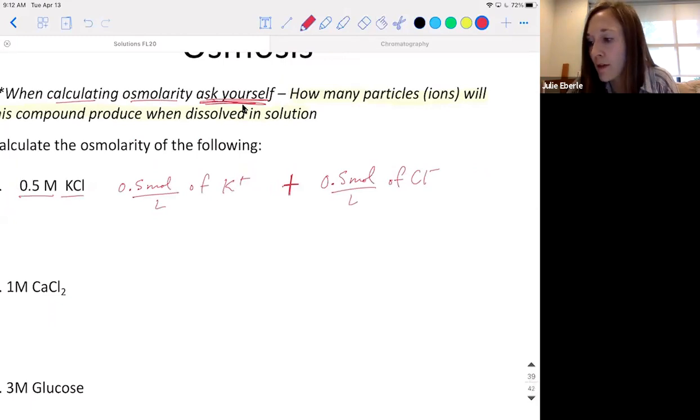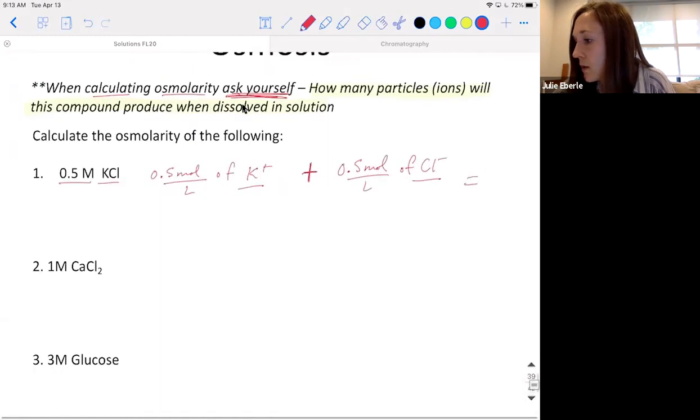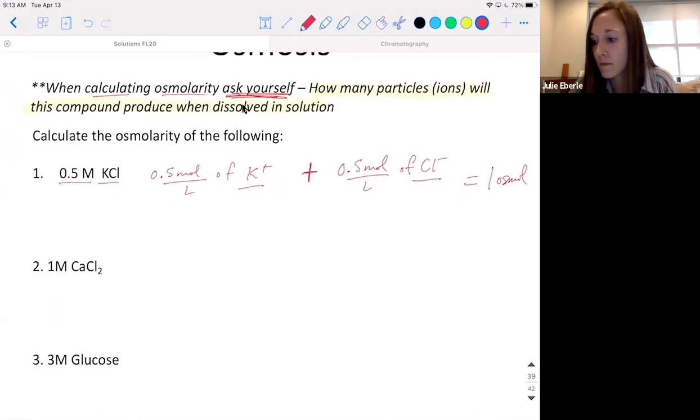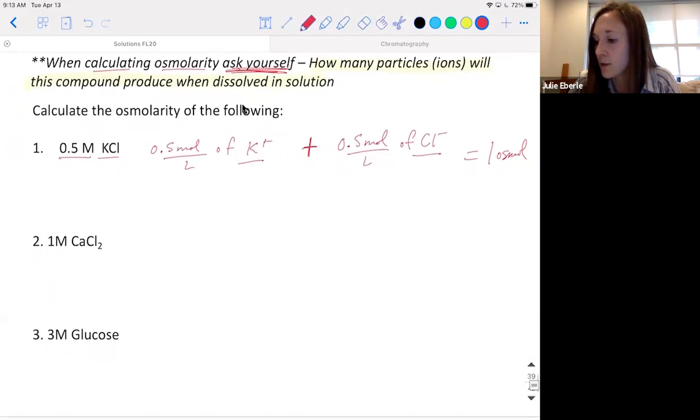So I'll get 0.5 molar of the potassium particle, and 0.5 molar of the chloride particle. So total, that would be 1 osmol. One osmol.